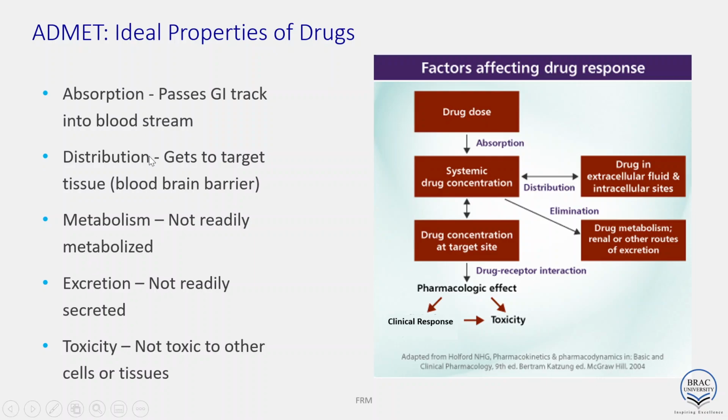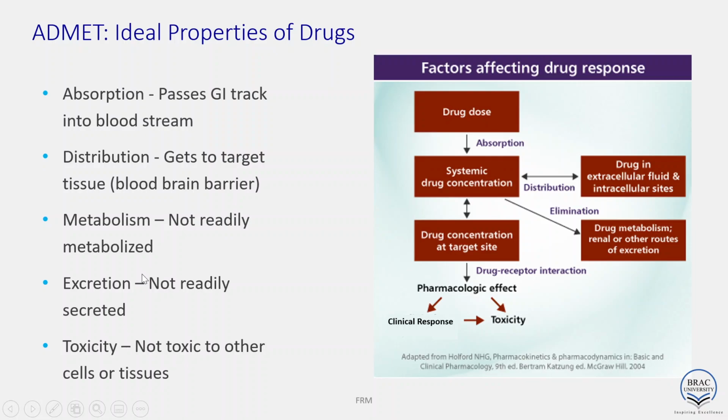So there are some parameters which are desirable, or ideal properties. The drug must cross the GI tract. That means the permeability should be high enough to cross the membrane of the GI tract. And when it crosses the GI tract and reaches the plasma, it should be sufficiently stable in the plasma to carry out its pharmacological action.